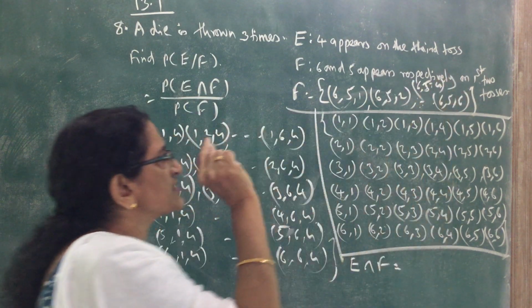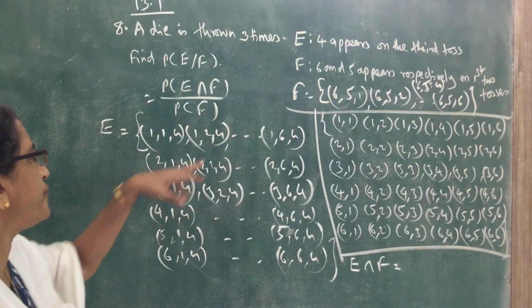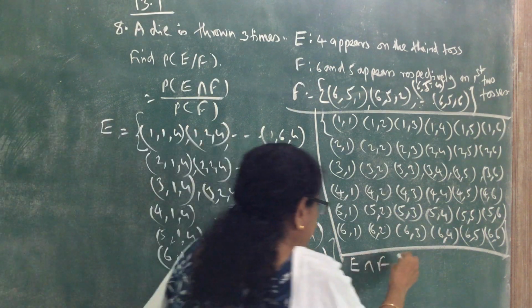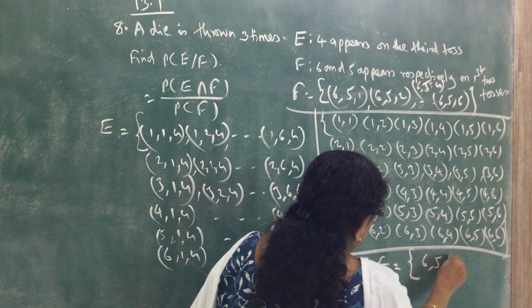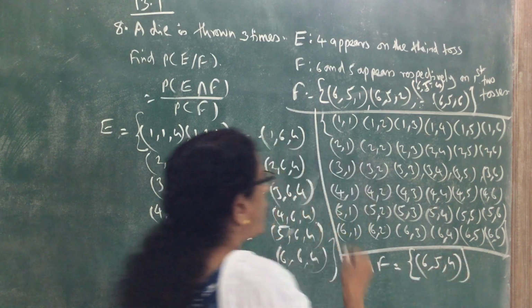So only that 6, 5, 4 will be the common element of E and F. E intersection F equals 6, 5, 4, only one common element.